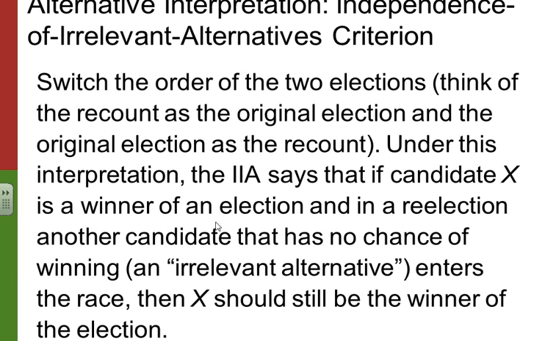Under this interpretation, it says that if a candidate X is the winner of an election, and in a re-election another candidate that has no chance of winning, an irrelevant alternative, enters the race, then X should still be the winner. So it shouldn't matter. If I'm driving in the Daytona 500 and I should be the winner, and some other guy enters the race who drives 100 miles an hour, I should still be the winner. He should not be relevant.